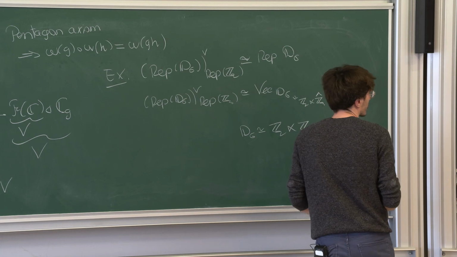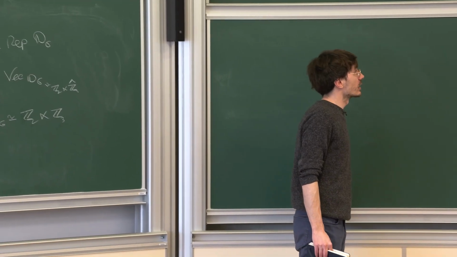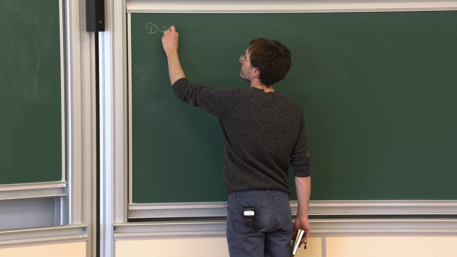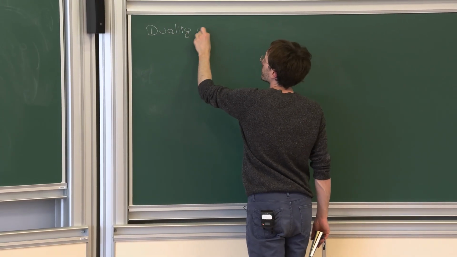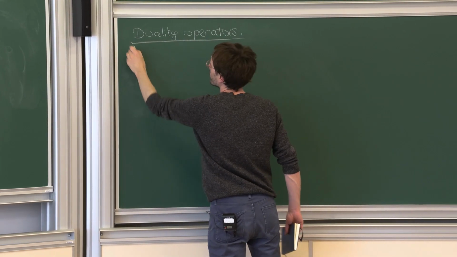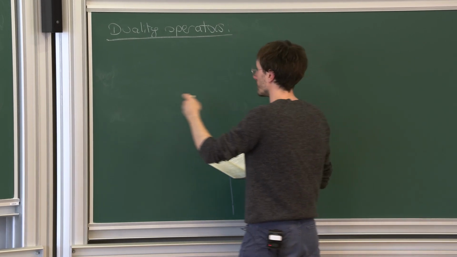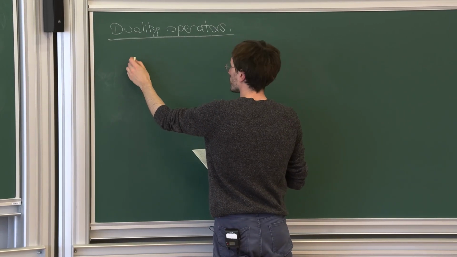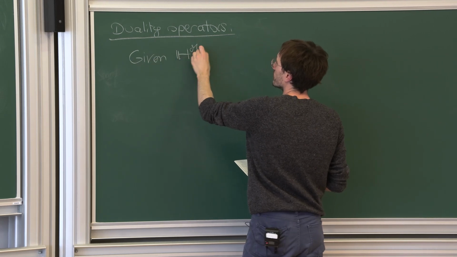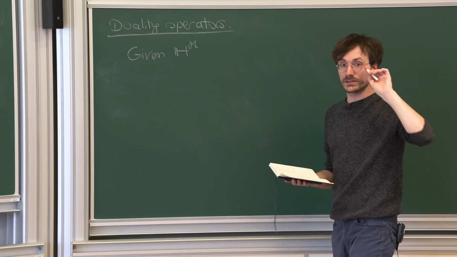Okay. So now we can talk about the duality operators, which are defined exactly in the same way. At this point it becomes almost intuitive, right? First of all, let me clarify exactly what I mean by duality operators now that we have Hilbert spaces that can be different.